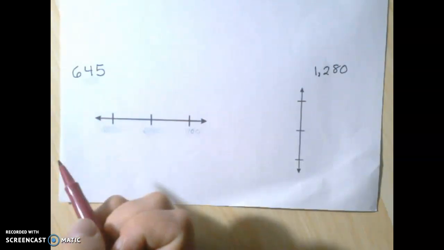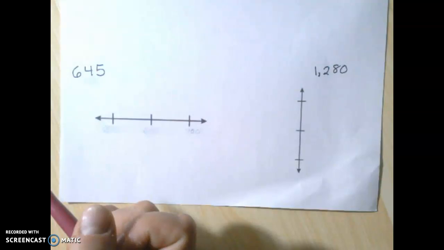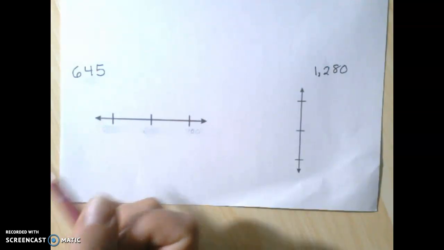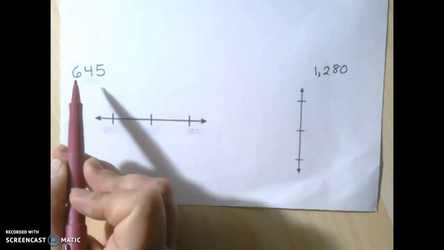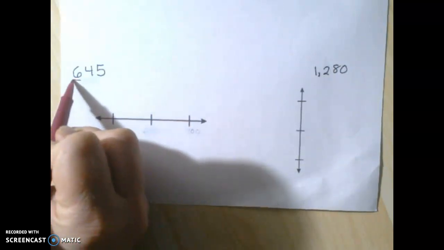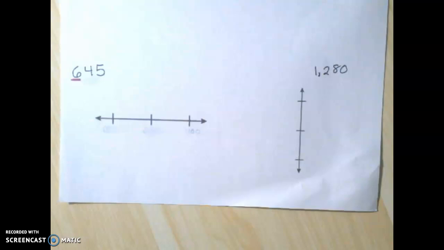645. I want to round 645 to the largest place. Which place is the largest place in the number 645? Good. The hundreds place. We can see that there's a digit of 6 in the hundreds place. I'm going to underline that to help me remember that is the digit that I'm rounding to, the hundreds place.